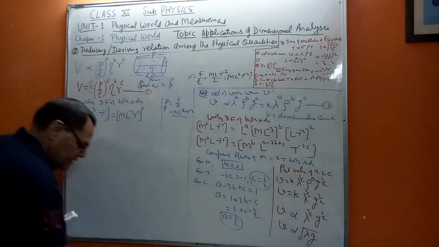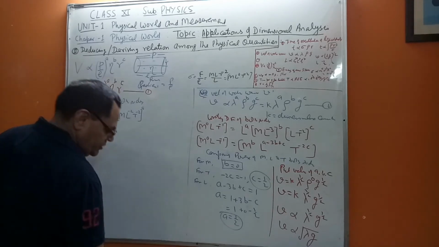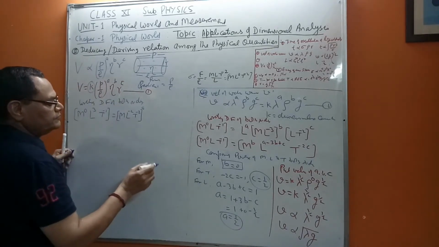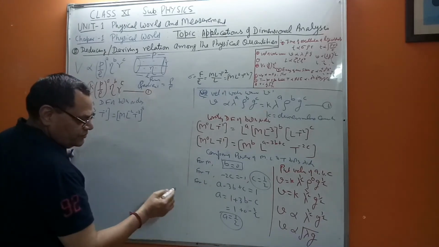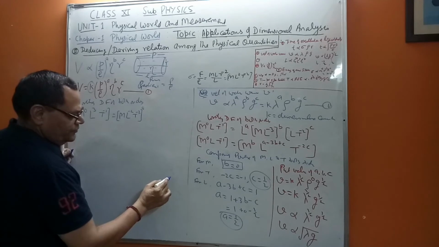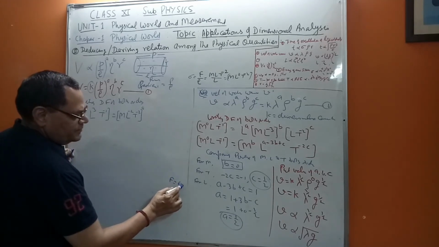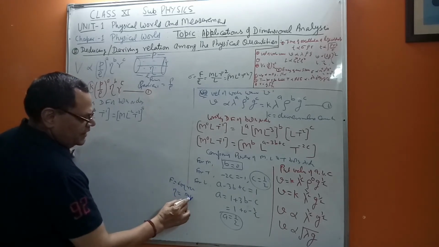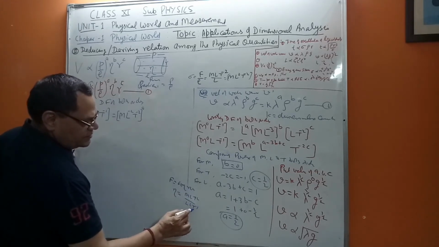Even we don't know the dimensions of the coefficient of viscosity. So what was the dimension of viscosity? I gave one relation, F is equal to 6 pi eta R V. From here eta is force, that is M L T minus 2, divided by R, that is L, and velocity, that is L T minus 1.